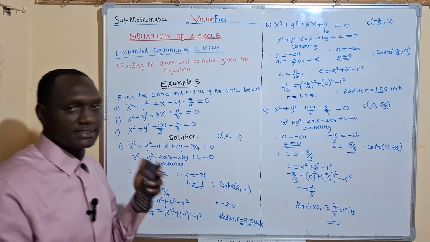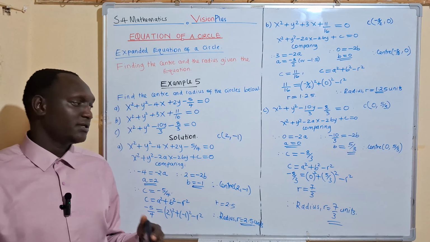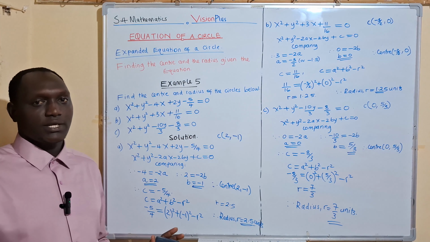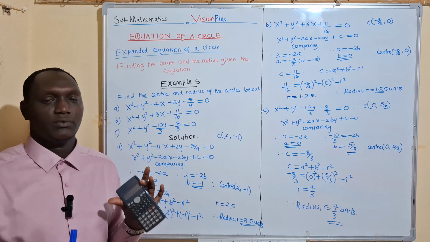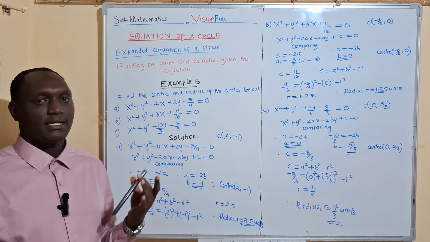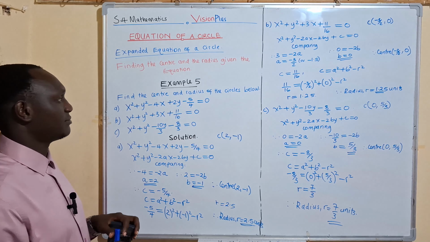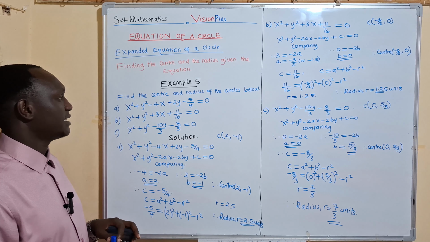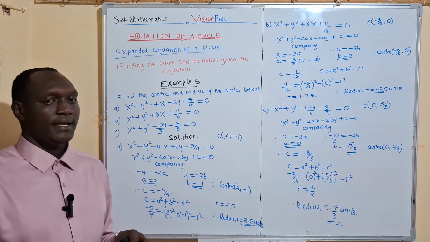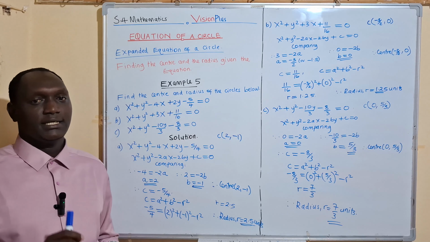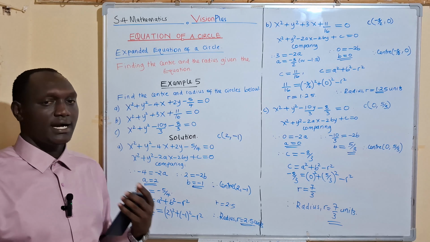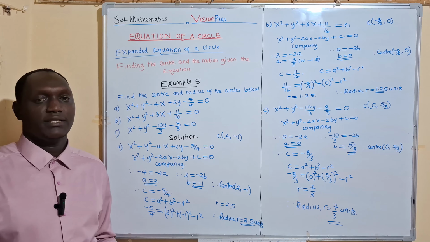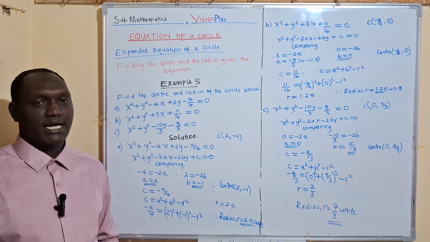Yes, there are many other steps, like 4, 5 steps for you to get R, which is okay. And it is the same as using the calculator, because we know that calculators are allowed for use in the exams. So this is the solution to example 5, and this is the aim of finding the center and the radius when we are given the expanded equation of a circle.